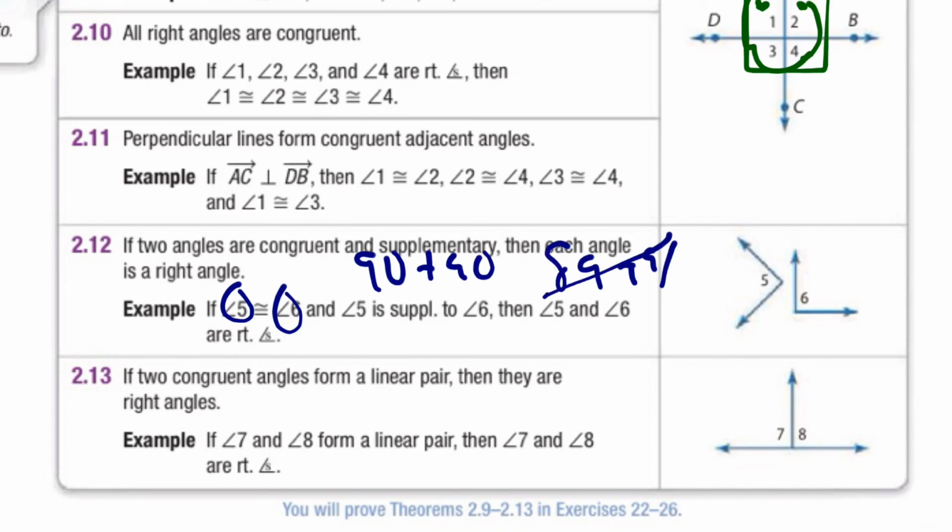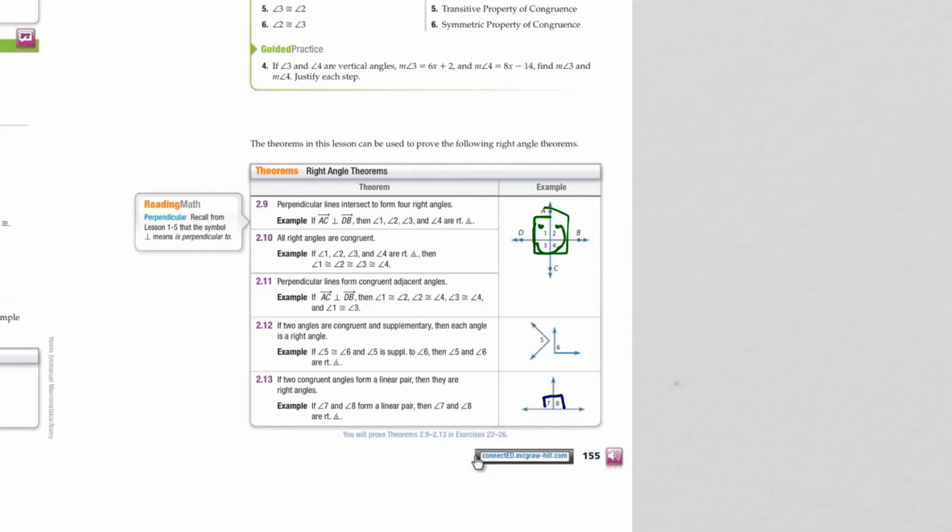They're not congruent. 88, the other's 92. That's not congruent. So if two angles are congruent, if they're the same and they're supplementary, they are all okay. Two angles that are congruent and supplementary have to both equal 90 degrees. They have to both be right angles.